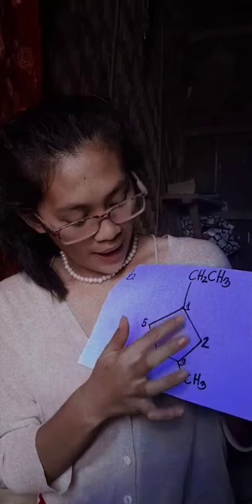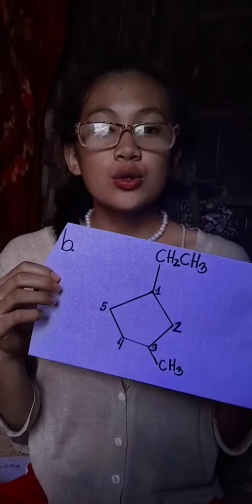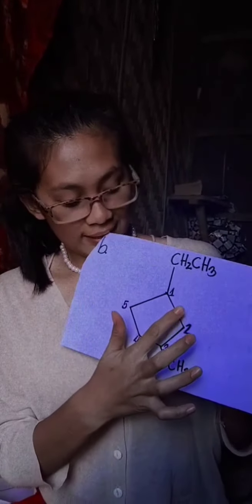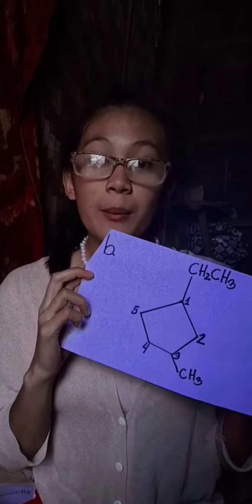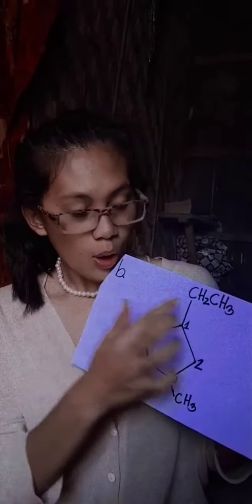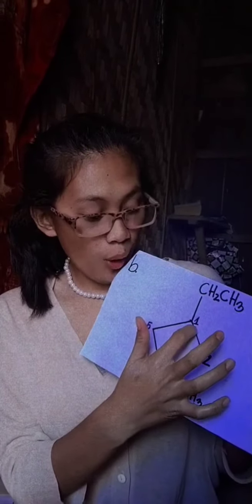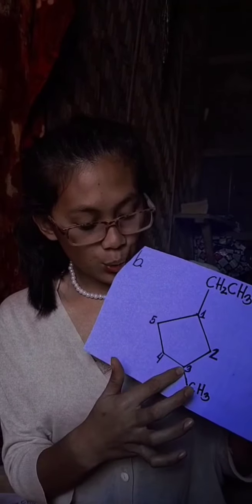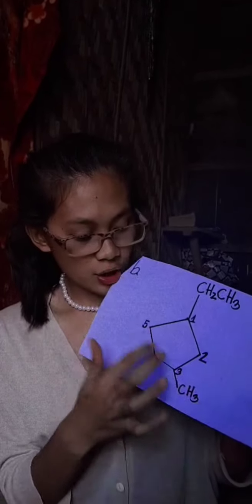We have 1, 2, 3, 4, 5. We have 5 carbons. So we have pentane. I start numbering at the left side because in numbering, the first substituent gets as low a number as possible. So we have our substituent here that attached to carbon 1, which is ethyl. And another substituent is methyl that attached to carbon 3.